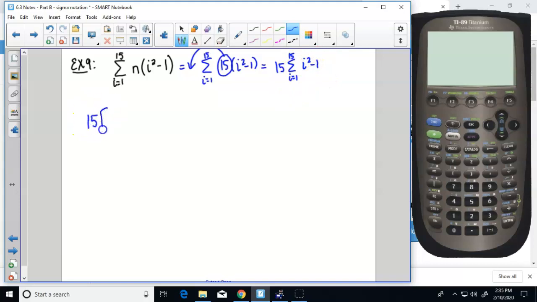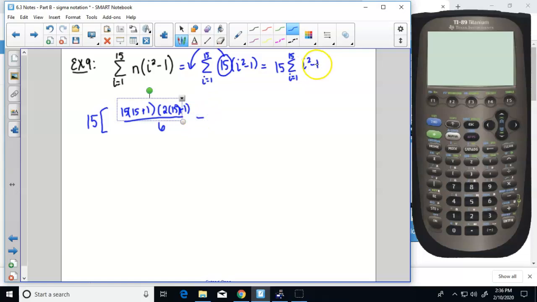It'll just kind of stay out front. For i squared, the shortcut is n times n plus 1 times 2n plus 1 over 6. So I will say 15 times 15 plus 1 times 2 times 15 plus 1 all over 6 for the i squared.